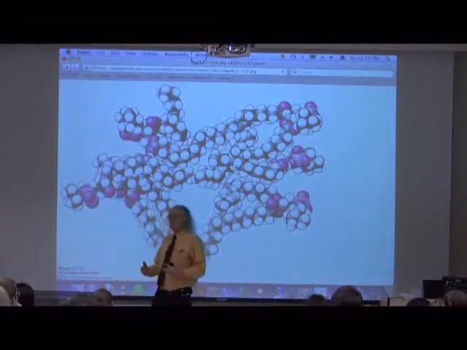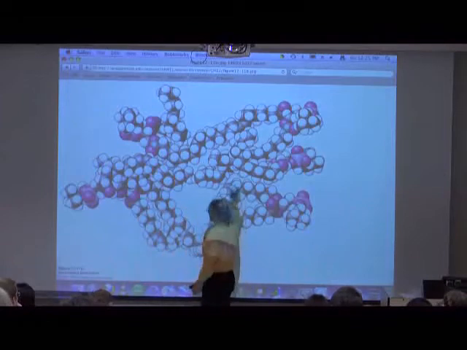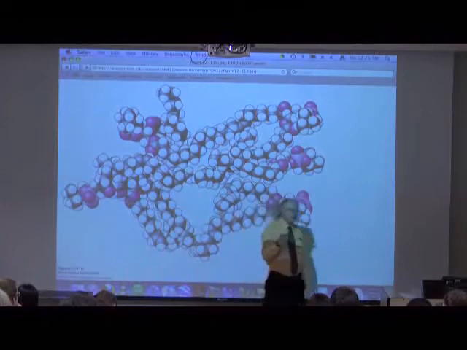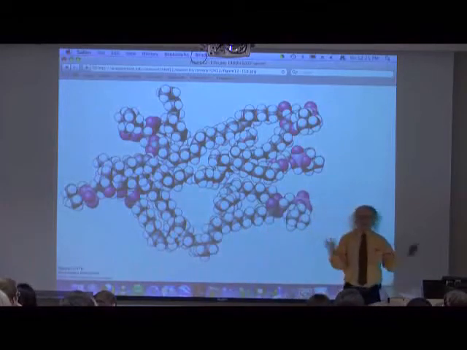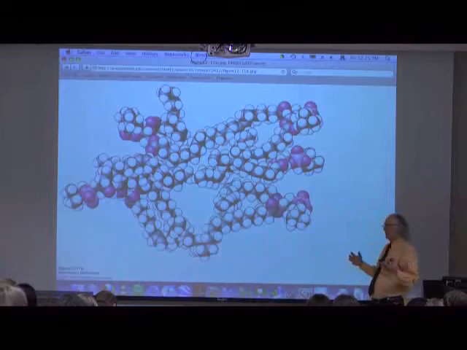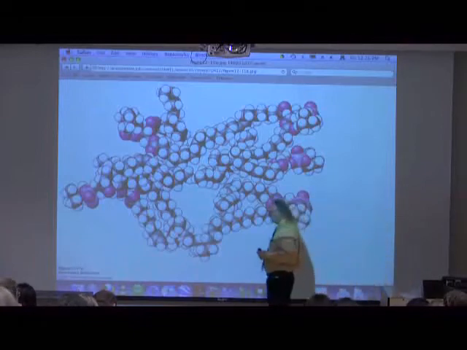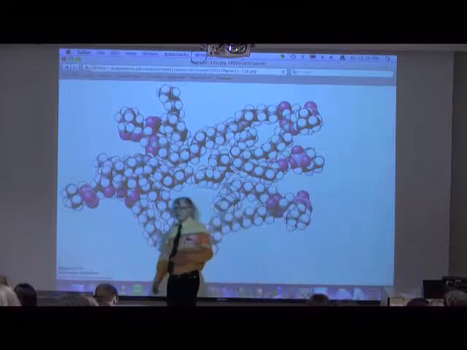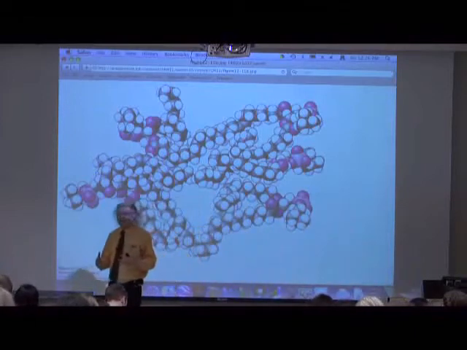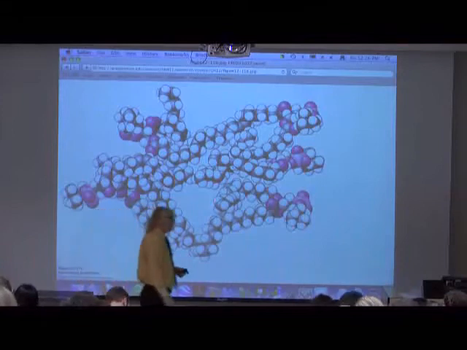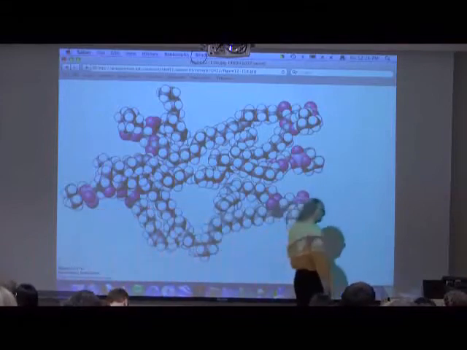And the reason that melting point lowers is this chaos that you see right here. It doesn't take much energy to get these guys moving around. So the more we unsaturate the fatty acids in the glycerophospholipids and also in the sphingolipids, the lower the melting point, the more chaotic that environment of the lipid bilayer actually is.